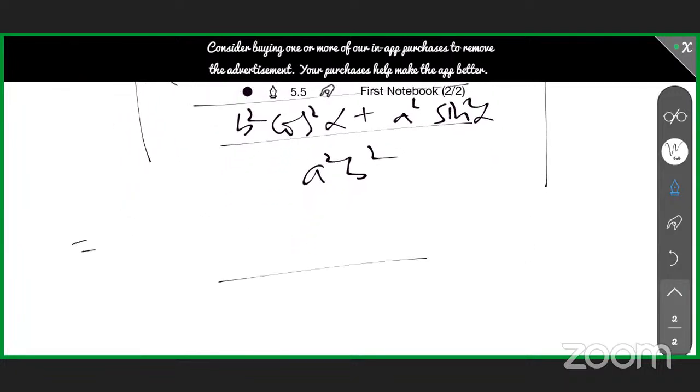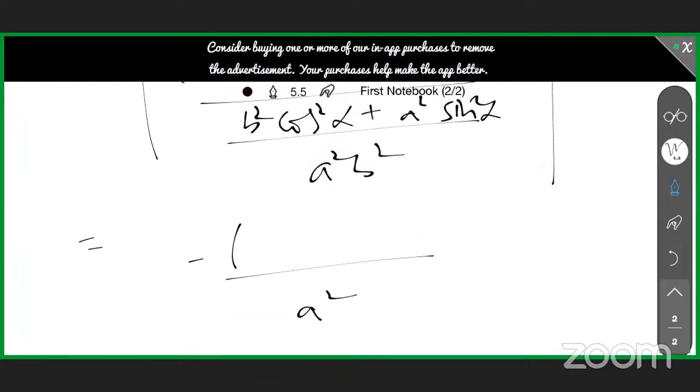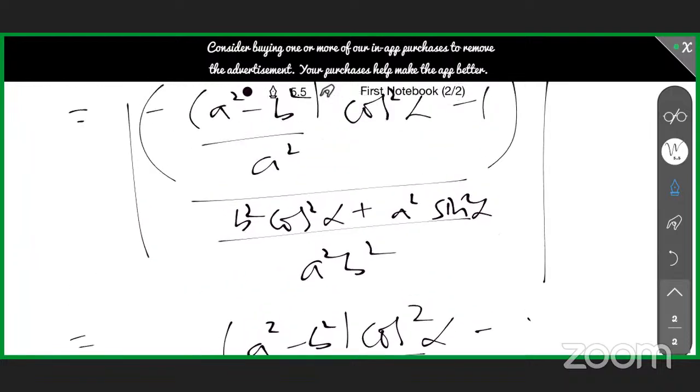Numerator LCM is equal to A square minus of A square minus B square into cos alpha minus of, this is there.